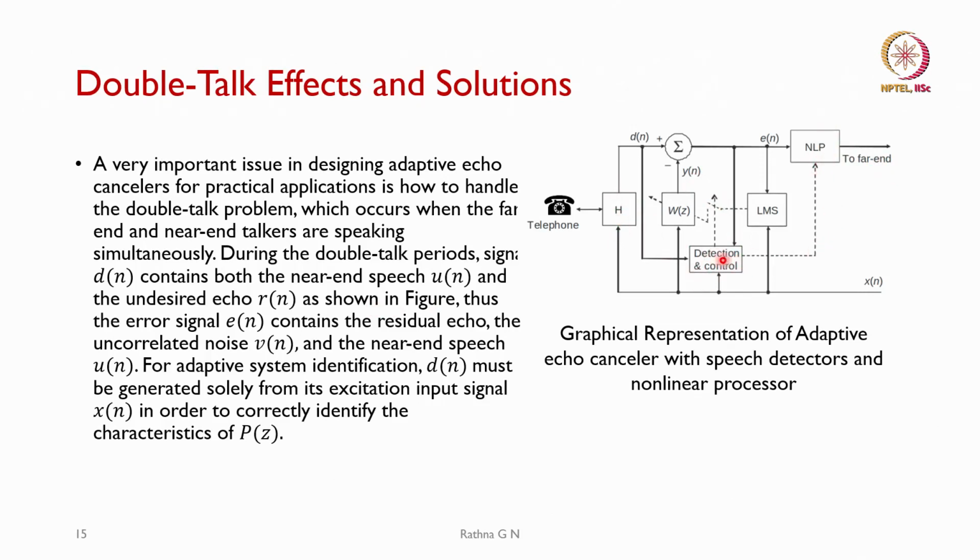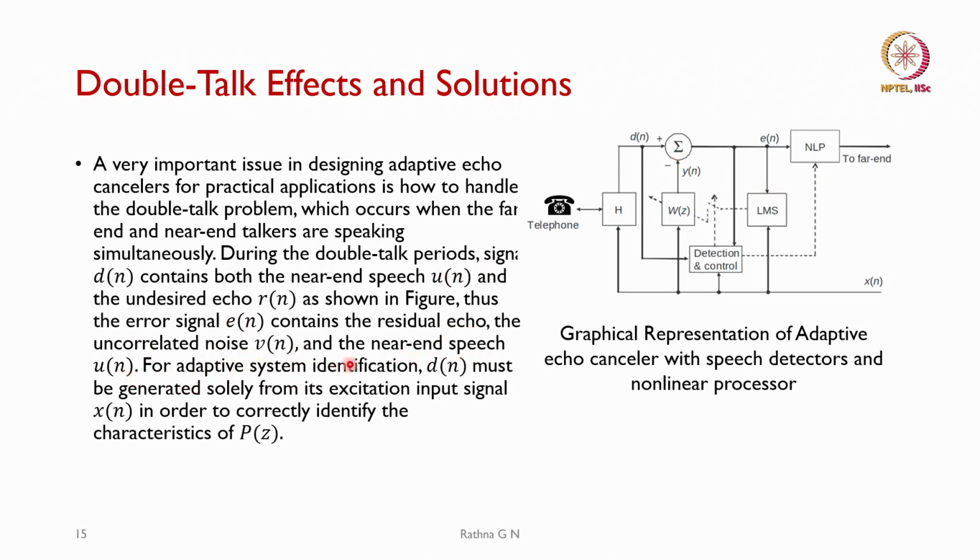So, how you will be detecting and what control algorithm you will be providing. Thus the error signal e(n) contains the residual echo, the uncorrelated noise v(n) and the near end speech u(n).